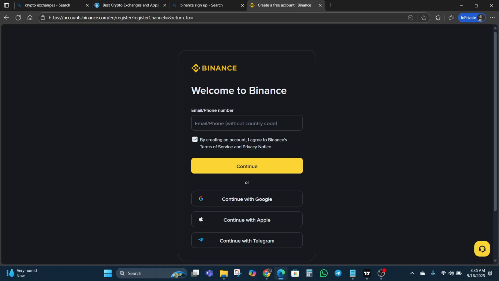Most exchanges require you to upload documents, such as a government issued ID or a utility bill to confirm your identity. This process may feel like an extra step, but it is there to increase security and protect against fraud. Once your identity is verified, you'll have full access to your crypto trading account.